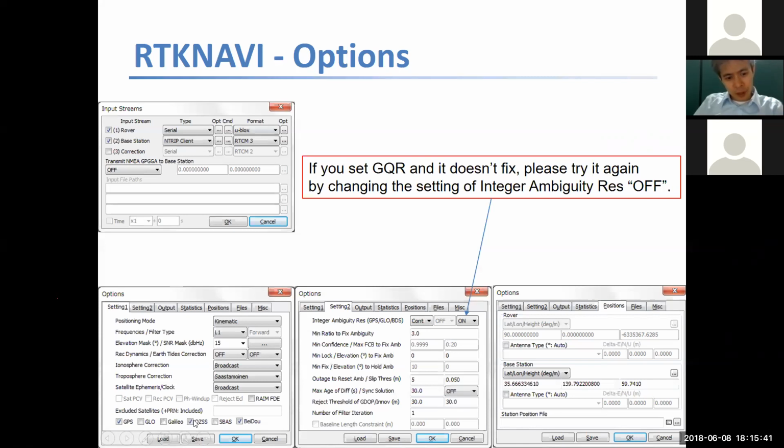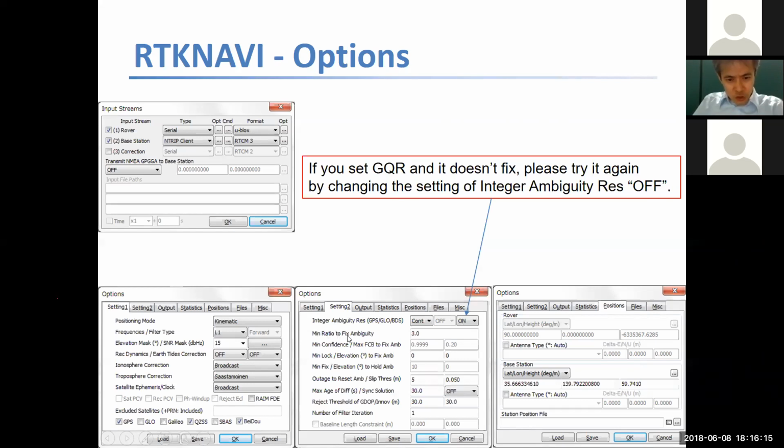We can use QZSS same as GPS, so we can use both satellites in the ambiguity resolutions, but for Beidou you have to check on or off. On means we will analyze Beidou ambiguity resolutions. However, as I said, if you set GLONASS ambiguity resolution and it doesn't fix, please try again off or on.